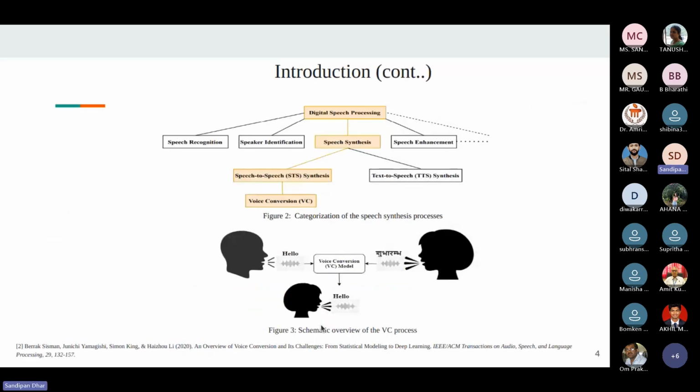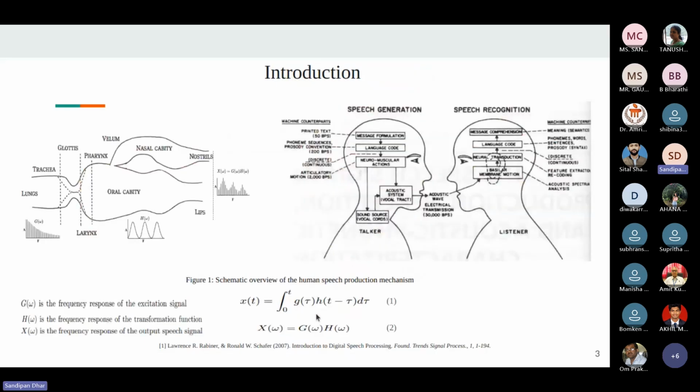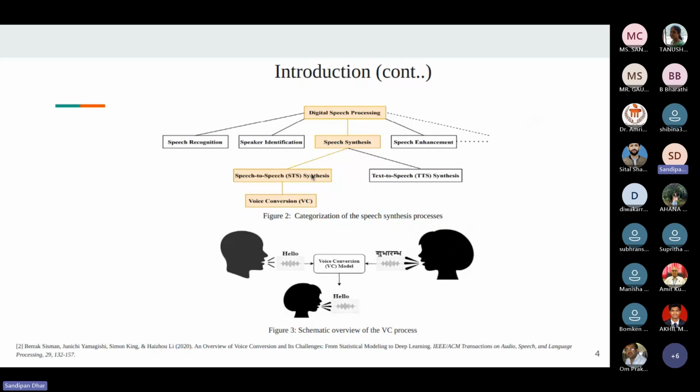Then let me go to the categorization of speech synthesis. So far we have gone through how a human makes speech. Now it is how AI models or machines generate speech. Speech synthesis can be categorized mainly into two types: speech-to-speech synthesis and text-to-speech synthesis.